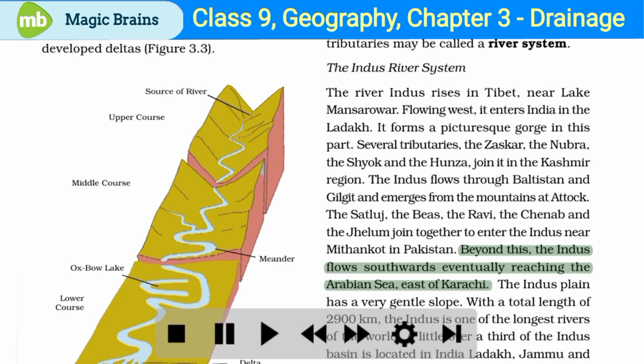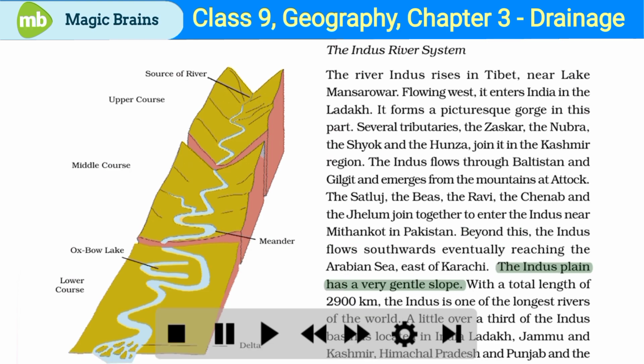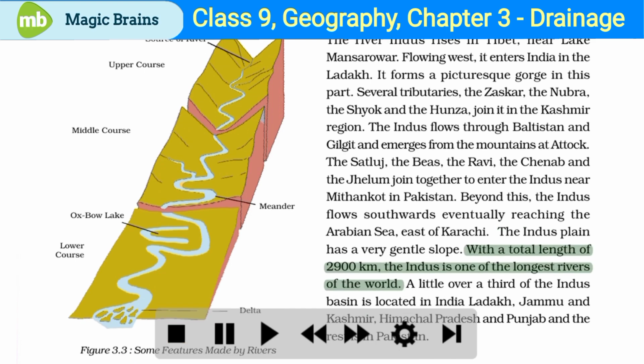Beyond this, the Indus flows southwards, eventually reaching the Arabian Sea east of Karachi. The Indus Plain has a very gentle slope. With a total length of 2,900 kilometers, the Indus is one of the longest rivers of the world.